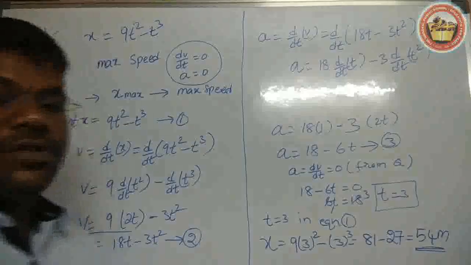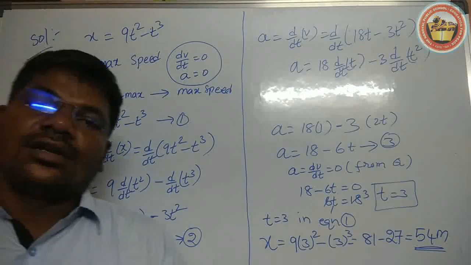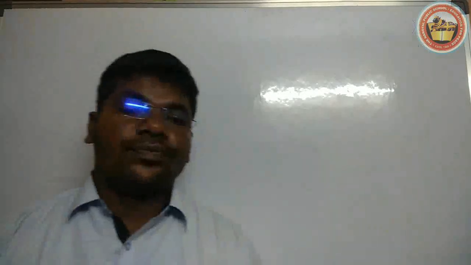Understand? 54 meters. The maximum displacement is 54 when it reaches maximum speed.